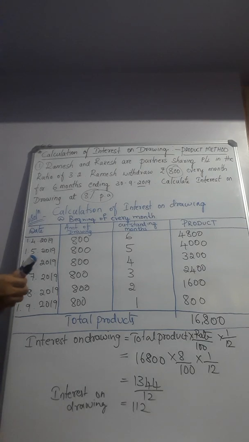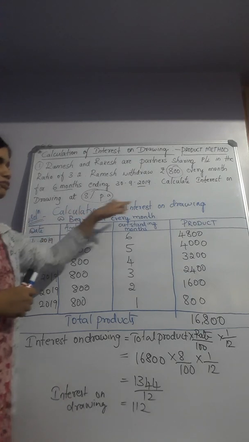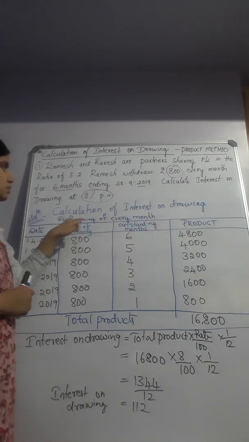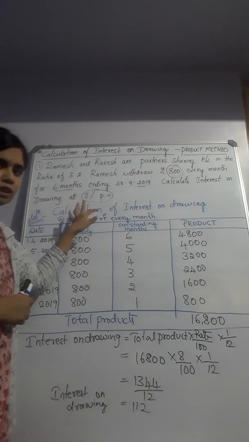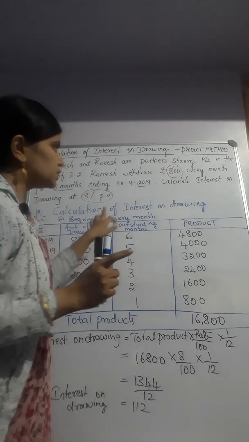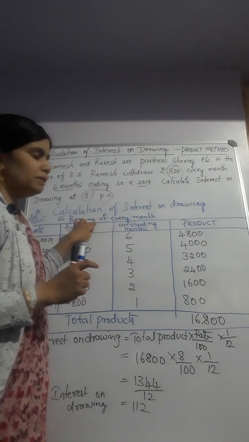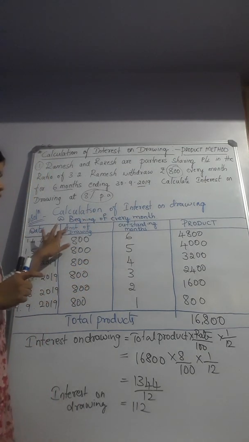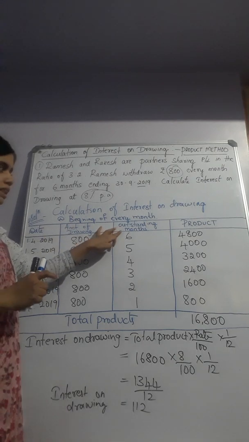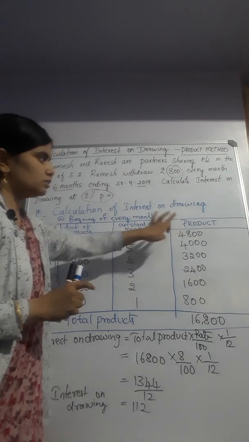Understood? Now we will glance once at this. First, for the calculation of interest on drawing, when nothing is given in the problem, it is understood that you have to do it at the beginning of every month. Date, amount of drawing, outstanding months, product.